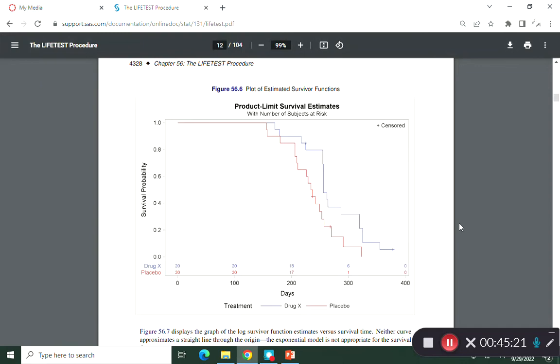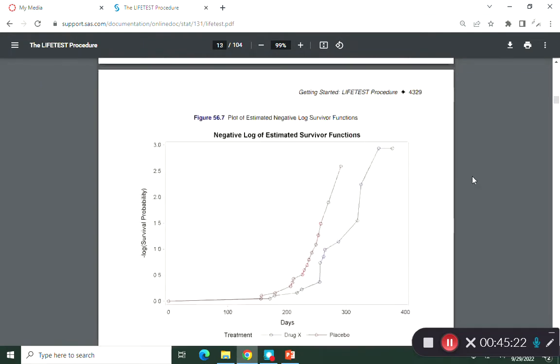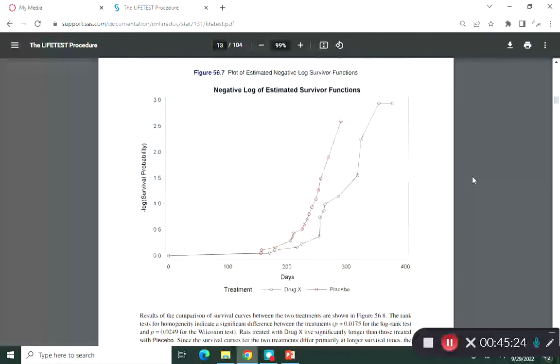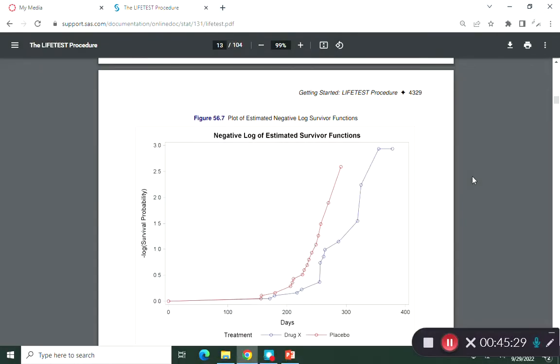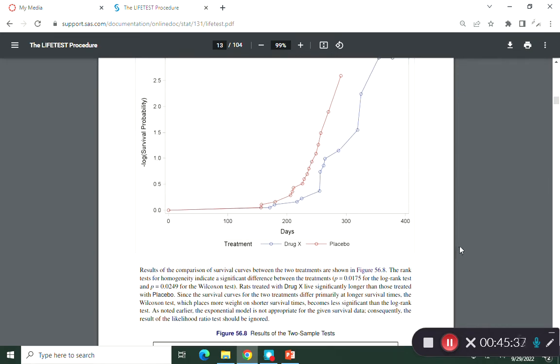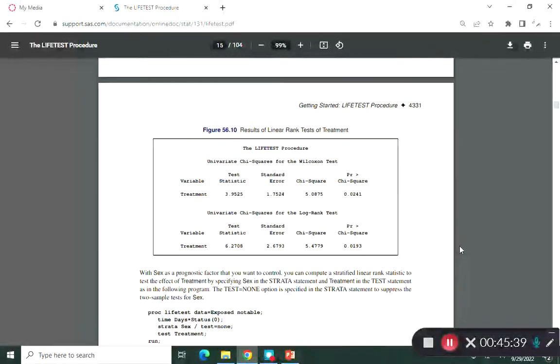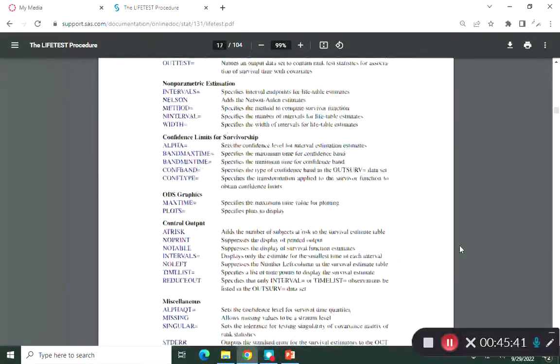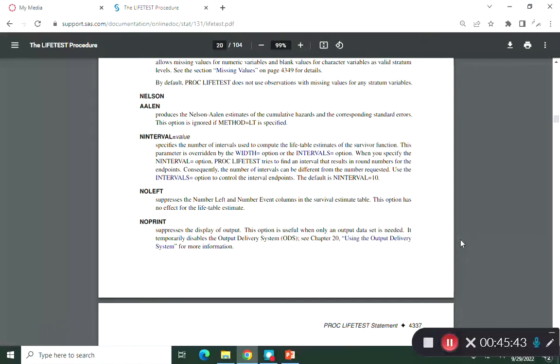Follow me? Okay, so you need to download SAS procedure. You need to download LIFEREG and LIFETEST. And look at this. You will basically try to say, is the hazard function monotonically increasing, decreasing, or constant?